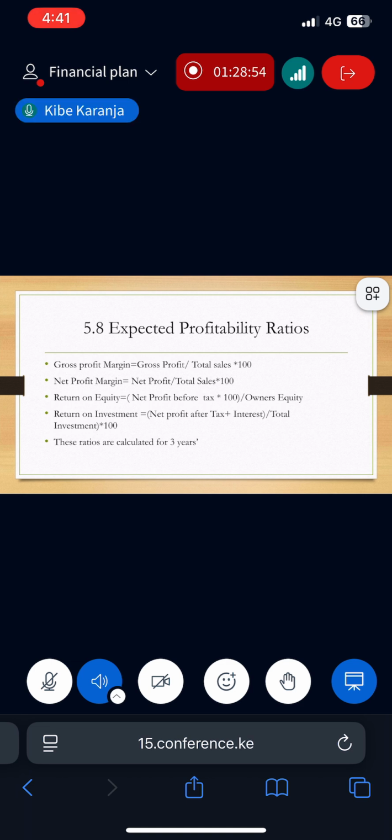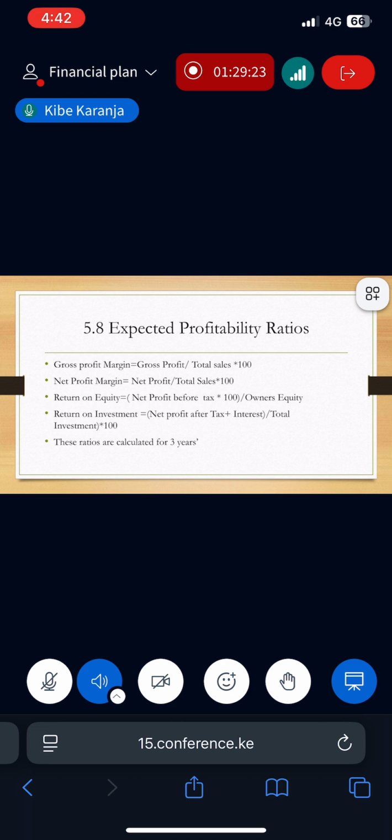Then return on investment. This is based on total investment, equity plus any debt, because in a business, I remember somebody must have told you when you were learning the sources of business finance that investment is gotten from equity and debt.